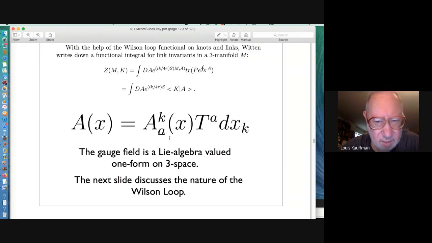So these are the actual potentials. This is the Lie algebra for the gauge symmetry, and this is the space index. And this is a Lie algebra valued one form. And I can pack it back up in various ways. I may eliminate the index a, and then I have just A upper k, and A upper k means A upper k sub a T^a summed on a. That's the gauge field or the gauge connection.